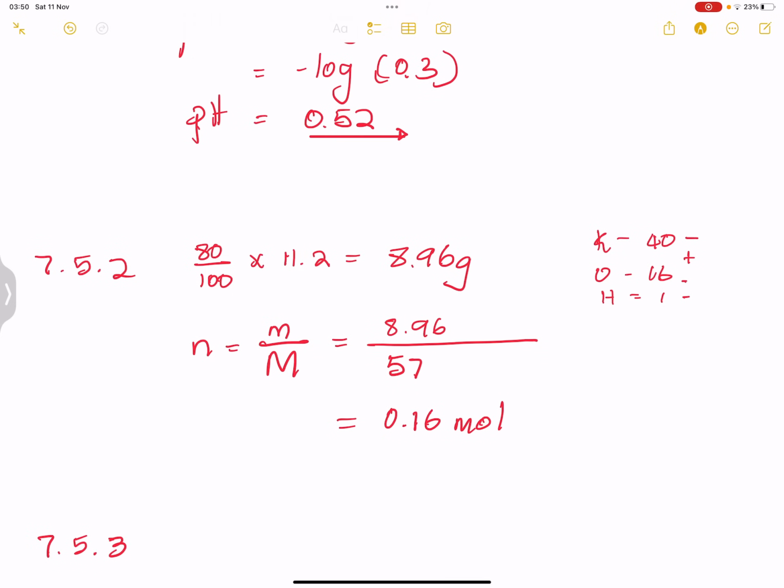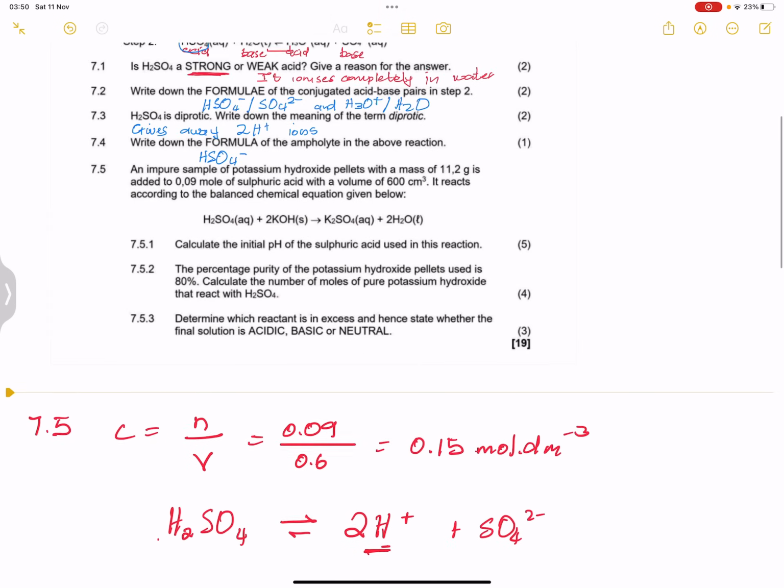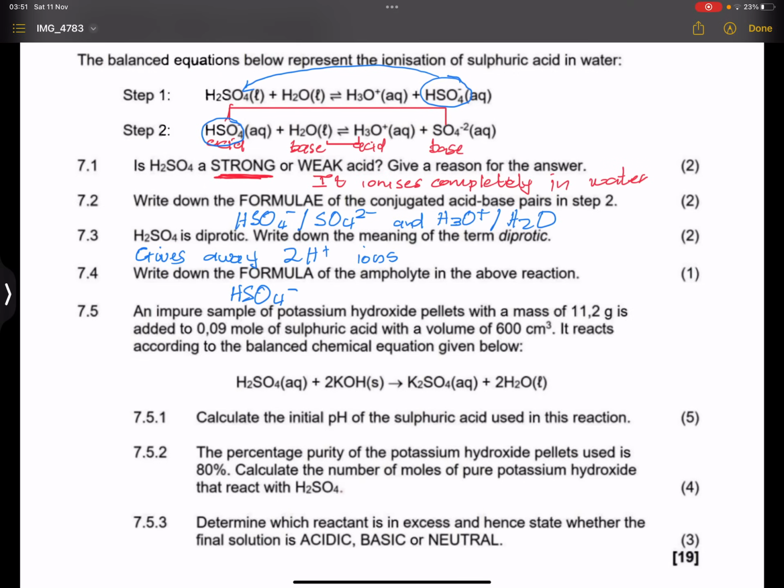Sorry, 0.16 moles of potassium hydroxide. So we have the number of moles of potassium hydroxide as 0.16.